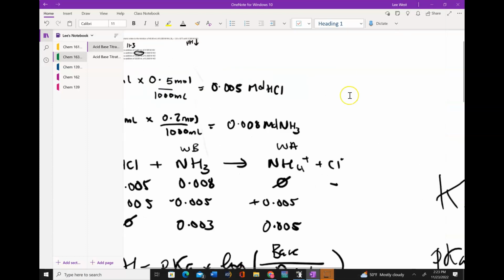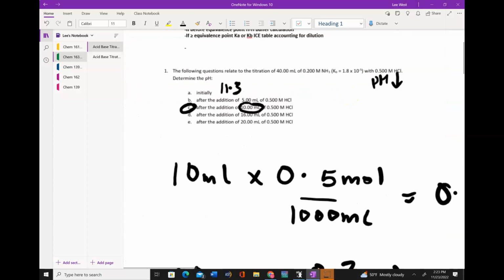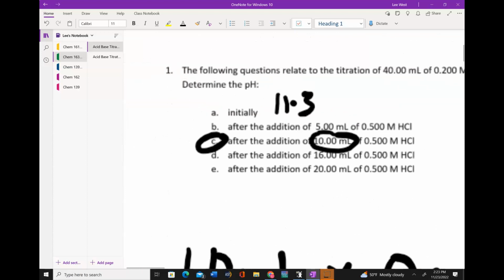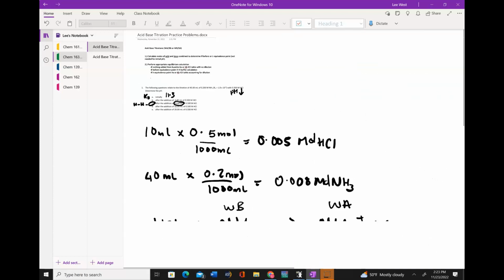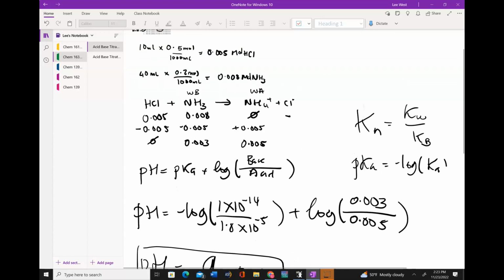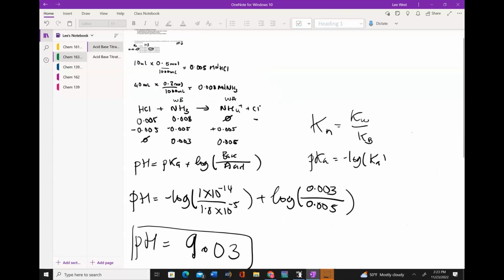So just explaining what we did. The initial conditions, we just did a Kb. Then we did our little bit of math and figured out that we were before the equivalence point, because we didn't add an equal number of moles of acid as the moles of base that was originally present.